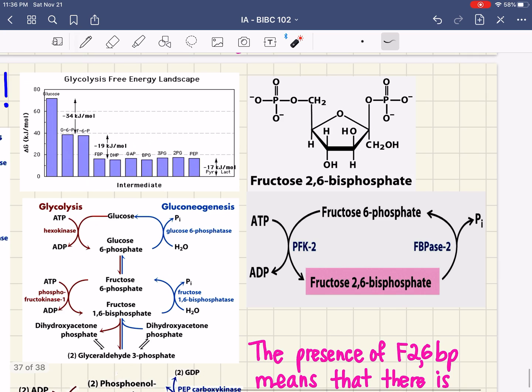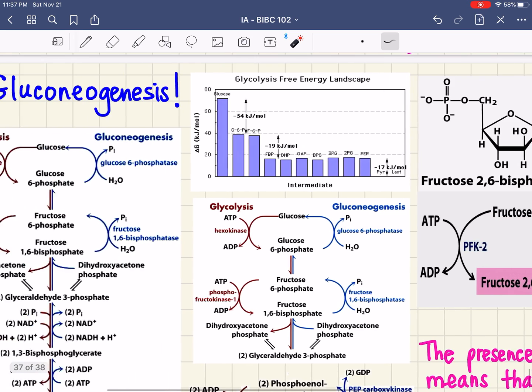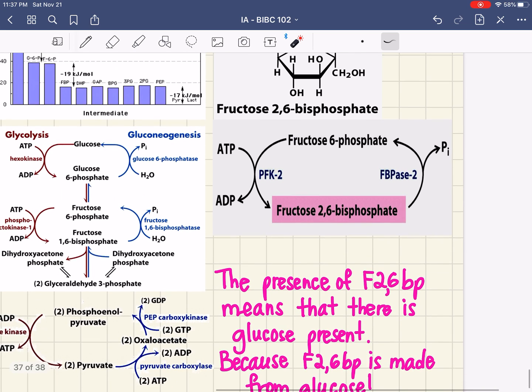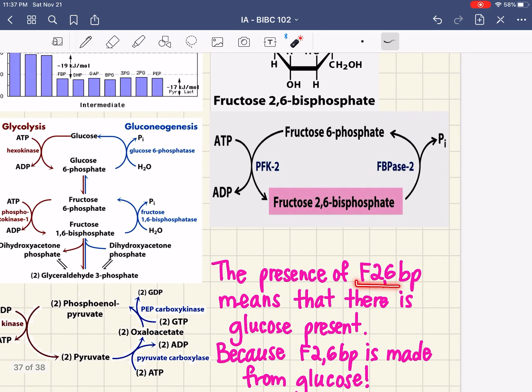Okay, now why is it important? Why do we need to know this? Let me tell you. Where does fructose 6-phosphate come from? Let's look in glycolysis. It comes from glucose 6-phosphate. Where does glucose 6-phosphate come from? It comes from glucose. So this means that if there is fructose 2,6-bisphosphate present, then we know for sure that there is glucose present.